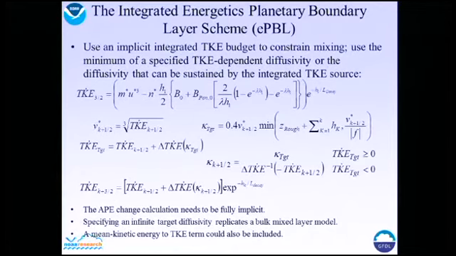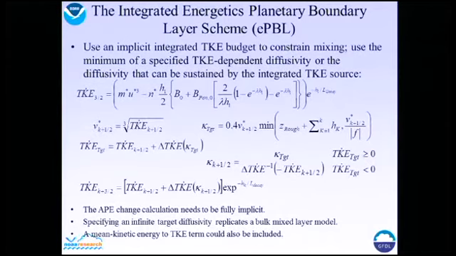The upshot is you have some guess at the diffusivity, and then you calculate what the energy consequences of that diffusivity would be. If you have enough energy to supply that, keep it. If you don't, reduce the diffusivity to the point where you have the energy to support it. Okay? Now, the potential energy change calculation has to be fully implicit, but we already know how to do that.